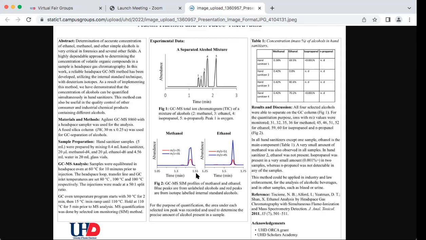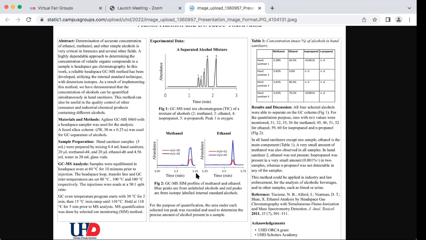This shows that the internal standard and the regular version of the alcohol have the same retention time. And since they were added in a much smaller amount, the peak is much lower than the regular version in blue. So we used that difference in the red and the blue to figure out how much exact methanol or ethanol or any other alcohol is present in a hand sanitizer sample.